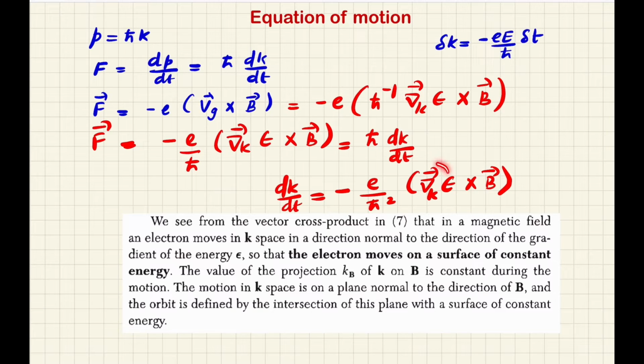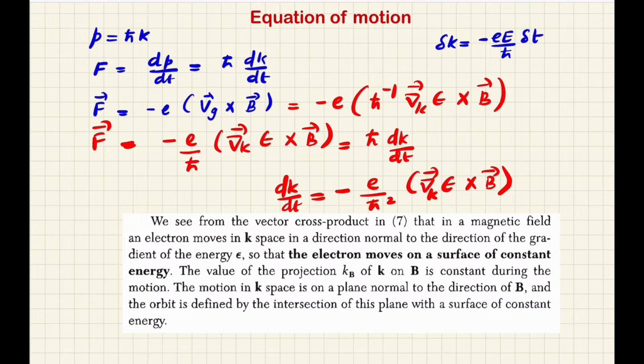Okay. So, here also it means the same thing, but in the momentum space. And so, the direction of gradient k epsilon is the maximum change in the energy in the momentum space. Okay. And the motion of the electron will be perpendicular to this direction.